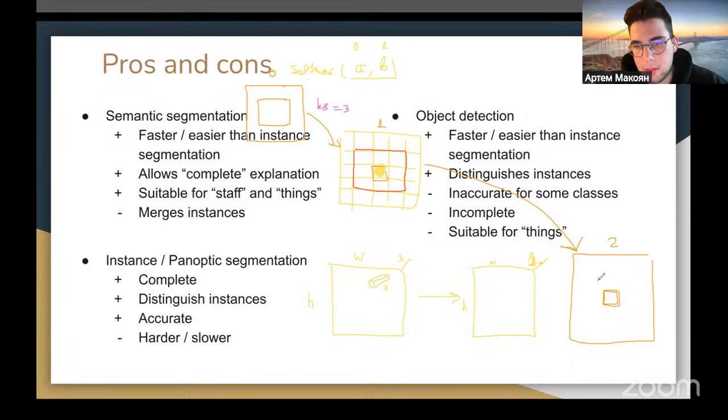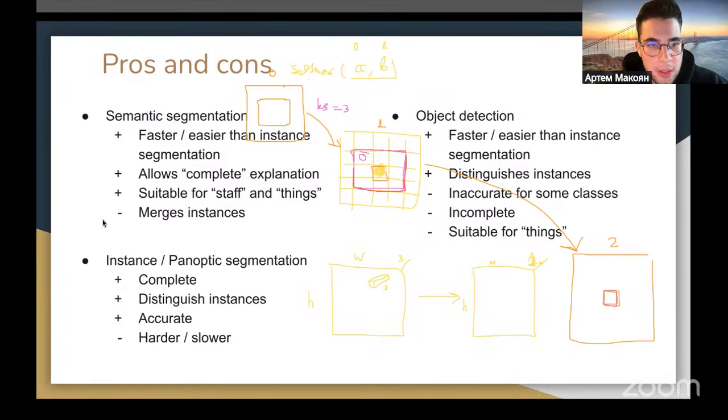Correct, exactly. So the idea is that we take the center square, and we say that this square depends on these squares from the first tensor. But each of these squares depends on a 3 on 3 square.